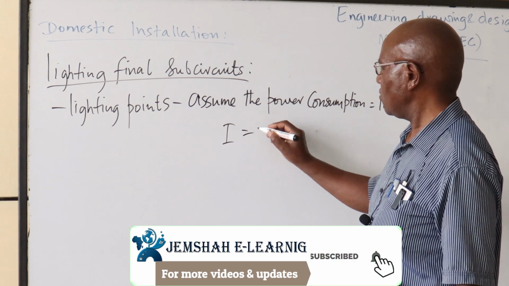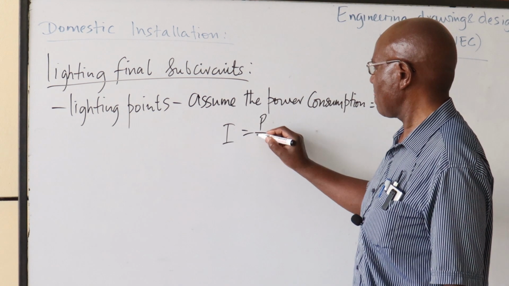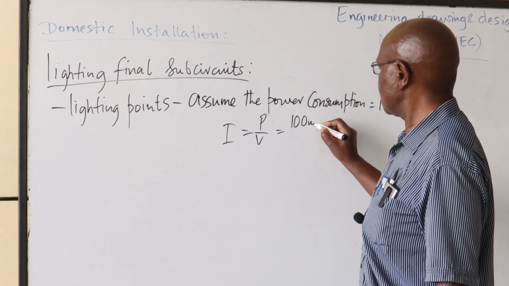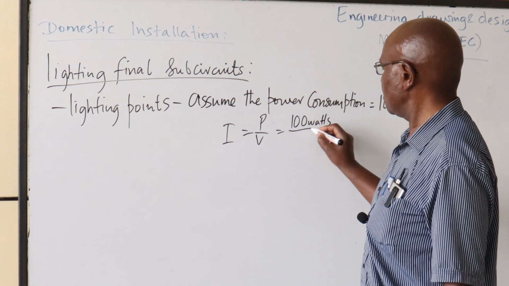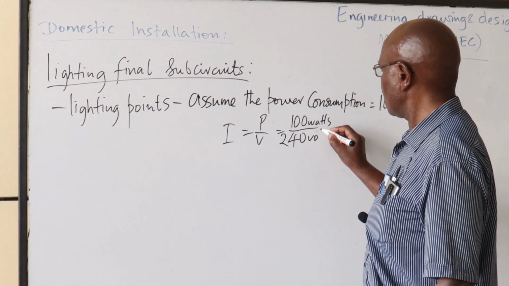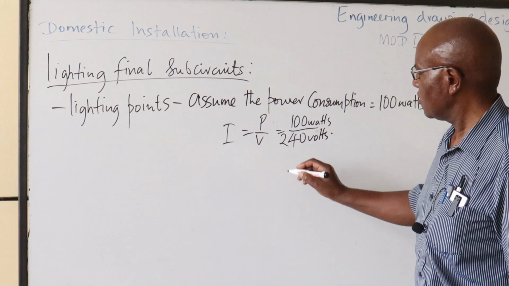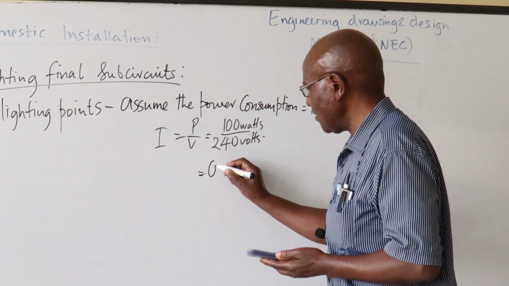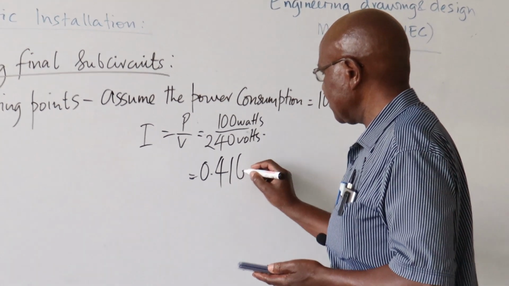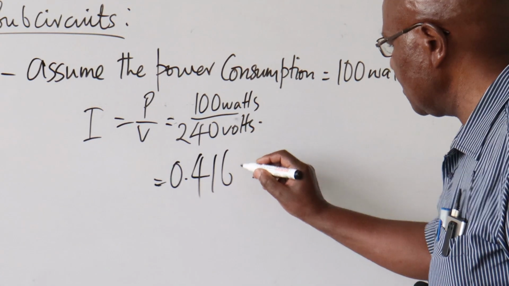So here you can see the current involved. If you apply Ohm's law, I is equal to P over V. The power is 100 watts, and the voltage is 240 volts. Then this works out to 0.416, which is approximately, this is in amperes.